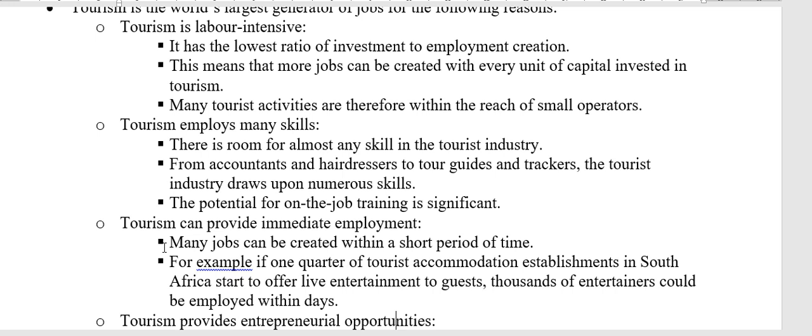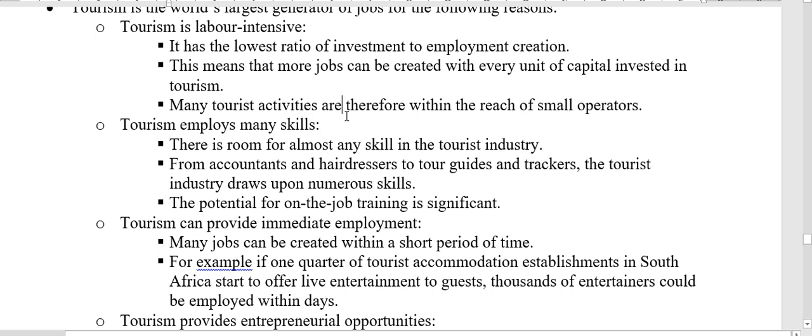For example, in manufacturing, in order to create jobs, we first have to build a factory. There has to be a large expenditure to build the factory before we can employ workers. But in the case of tourism, that is not always necessary. With a small amount of capital invested, we are able to create quite a few jobs. Which means that many tourist activities are within the reach of small operators.